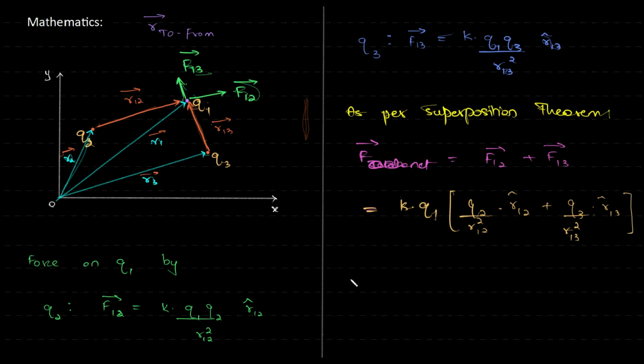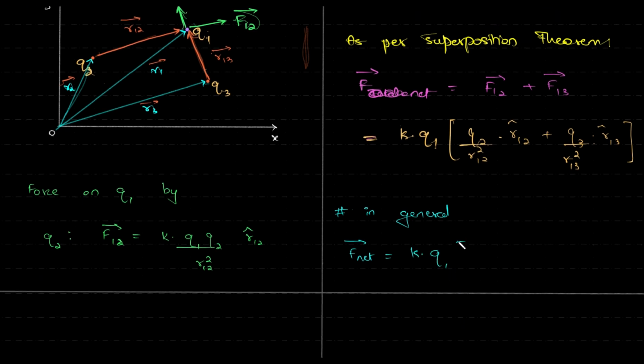So in general, we have F net is equal to k times q1, whatever charge we are looking at. I can write it in this manner: the sum of qi divided by r1i square, times the r1i unit vector, where i will vary from 2 till n.